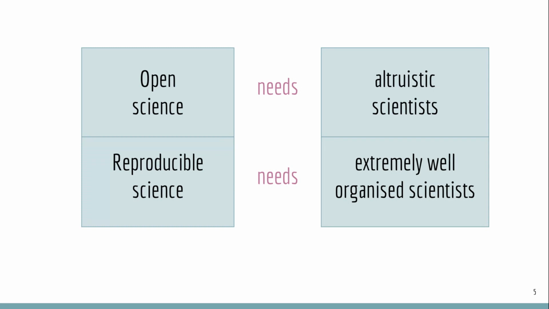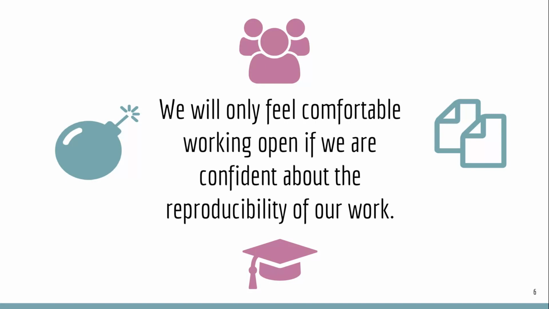How do these two things fit together? I think we will only then be comfortable working open if we're confident about the reproducibility of our work. Because if we think that our work is not good, then we might not want to show this to other people or to the world. So I think reproducibility comes as a step before openness.